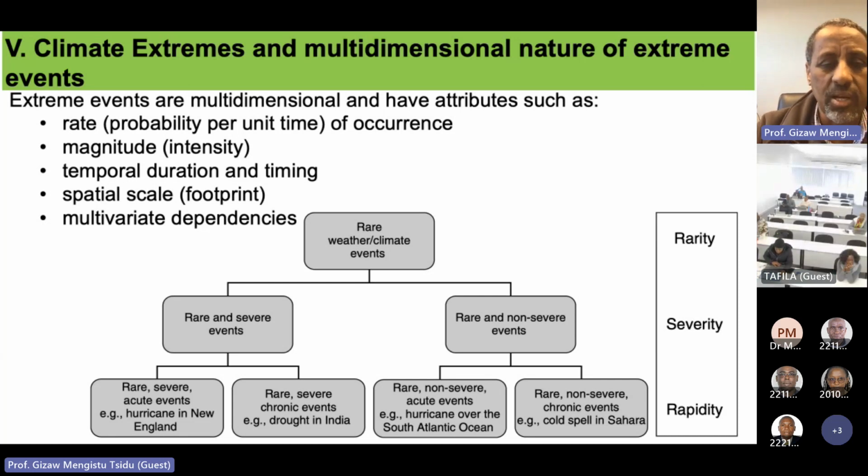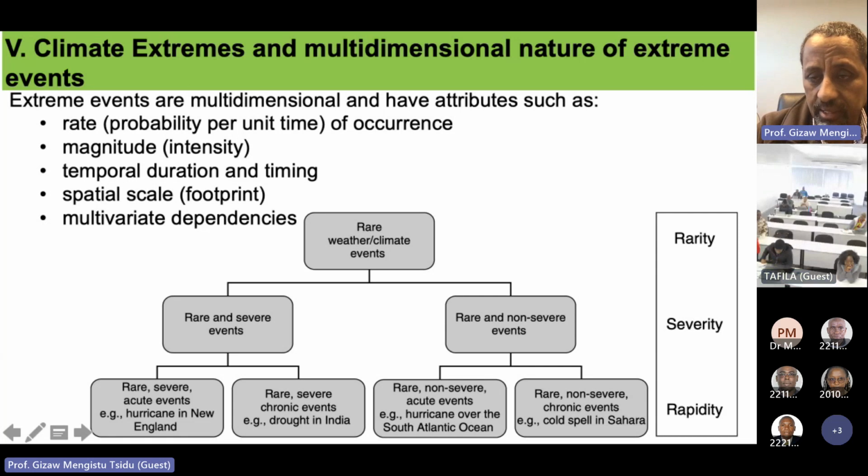So all this has to come into consideration when we try to give a kind of probabilistic expectation. So in general, we can characterize them in this multidimensional aspect.